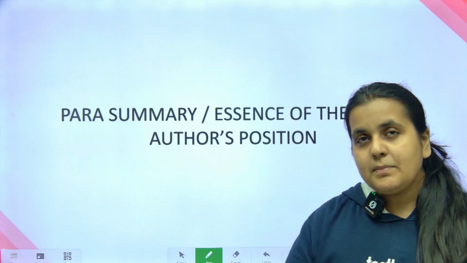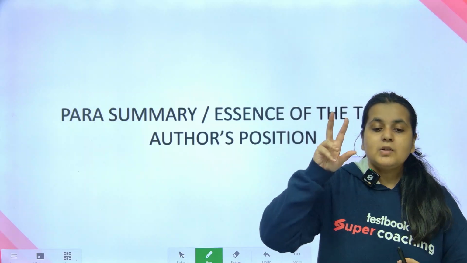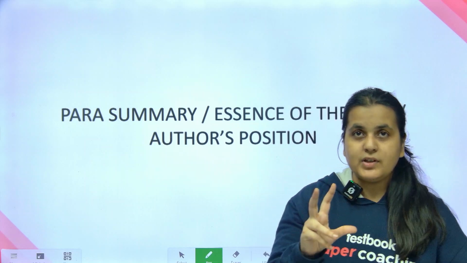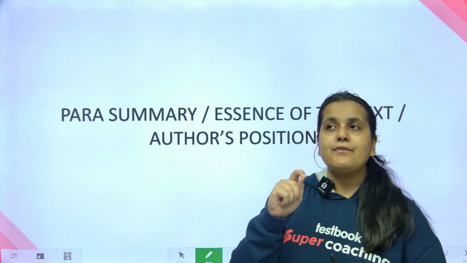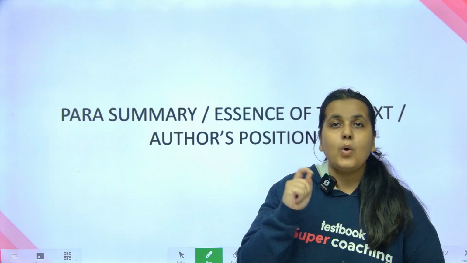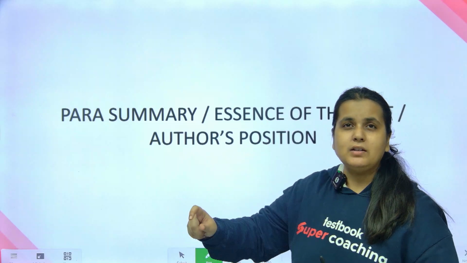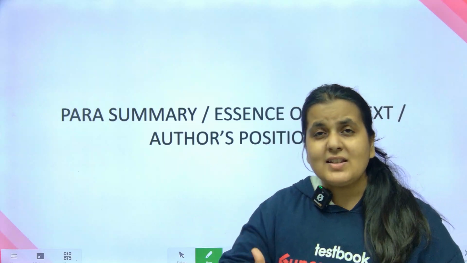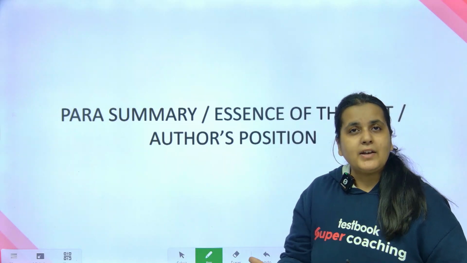So now understand the pattern of the question. Para summary, essence of the text or author's position. You basically have a paragraph which is given from an article. You have to read the paragraph and figure out the option which best summarizes the paragraph, or gives you that one important part or point from the paragraph, the reason why that paragraph has been written, the main idea of that paragraph.